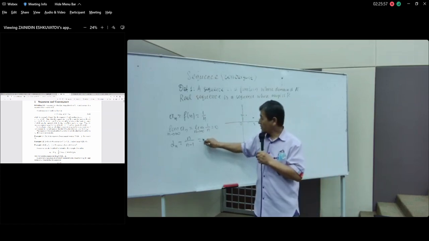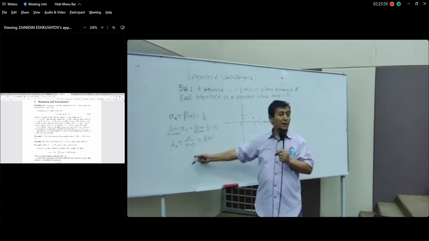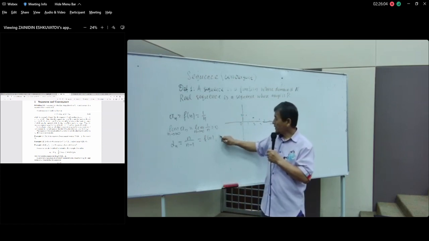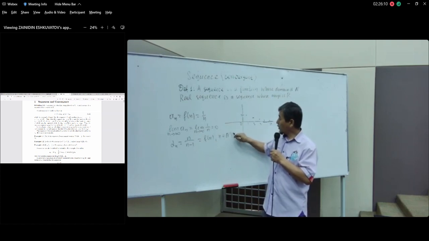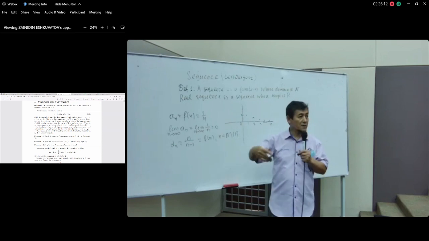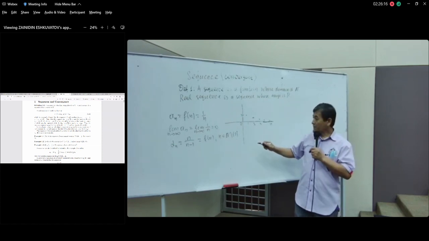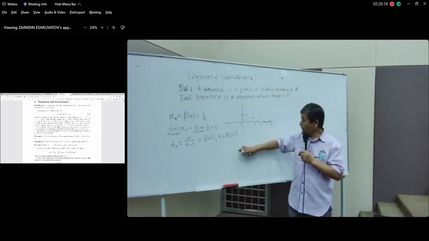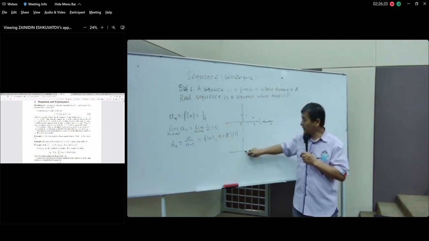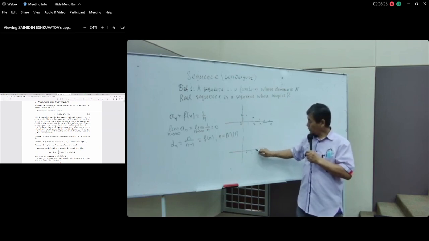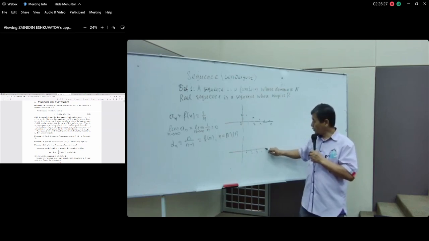If I take alpha_n as n over n minus 1, this is also f(n), a function. Please pay attention, n belongs to N but not 1; 1 is excluded. If I draw the graph of this function, 1 is not included, so 2, 3, 4, and so on.